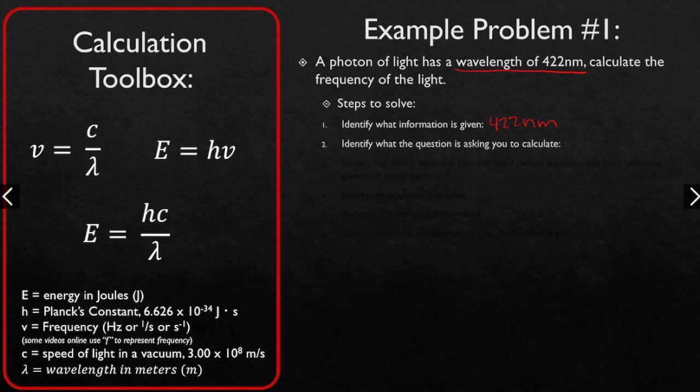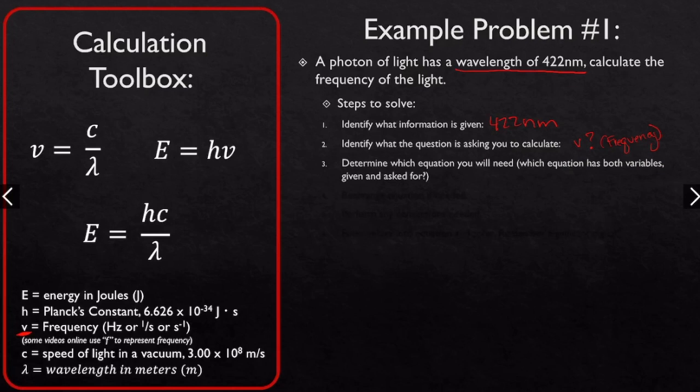So the next question is identify what the question's asking you to calculate, and that's going to be frequency. The symbol for frequency, or the variable here, is little v, so I'm looking for frequency.